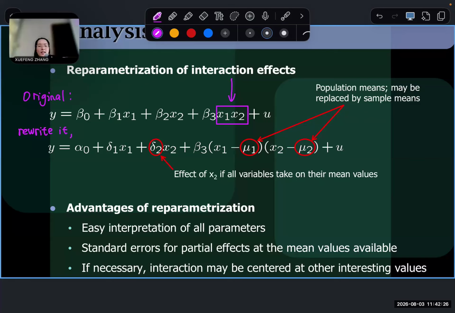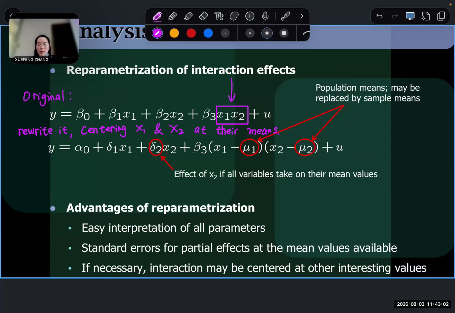How to rewrite it? We center x1 and x2 at their means. All right, so here y equals alpha 0 plus delta 1 x1 plus delta 2 x2 plus beta 3 (x1 minus mu1) times (x2 minus mu2). What are mu1 and mu2 here?